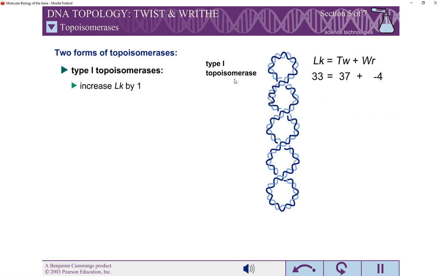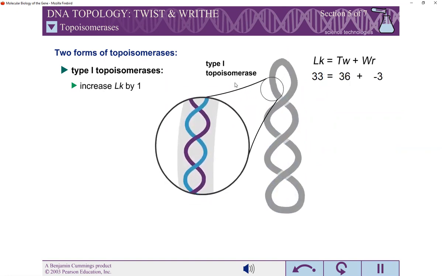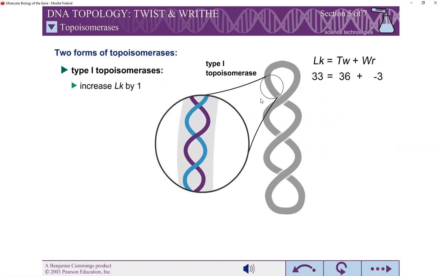Type 1 topoisomerases relax negative supercoils. So when our DNA has to relax, we use type 1 topoisomerases. Our DNA is negatively supercoiled, so it has to be relaxed by type 1 topoisomerases, which introduce a positive supercoil.